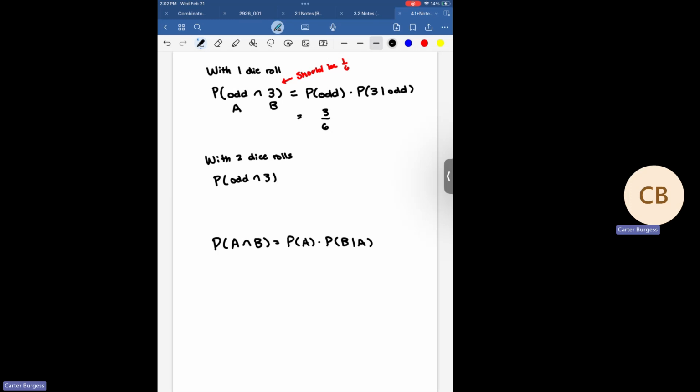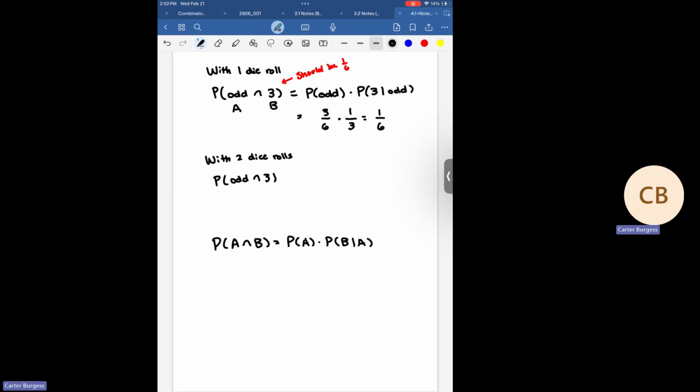Now, assuming that we know that our result is odd, given that our result is odd, how many numbers do we have to choose from for our standard D6? There are 3 numbers that are going to give us that. And then of those 3, how many of those are going to give us a 3? Only one of those 3 gives us a 3 for a probability of 1 in 6.